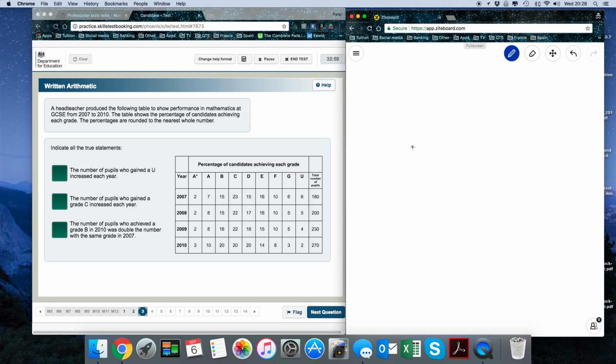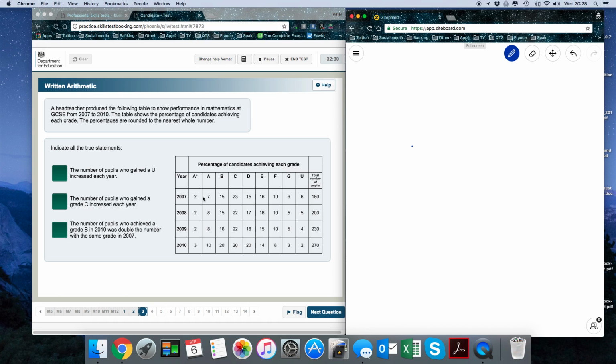Okay, so main feature of the table. Now look, I can pick these things out quickly because I've seen these tests before and I teach this stuff all the time. But it's also partly that I am more observant from this sort of thing, just because of the nature of the job that I do. So when you look at the table, there really is two very important things to look at. When you look at the numbers on the end, so this number here, it's 180 pupils because it says total number of pupils.